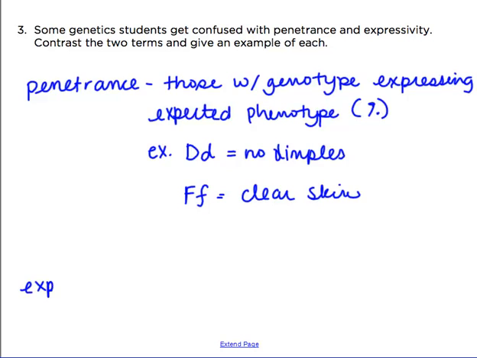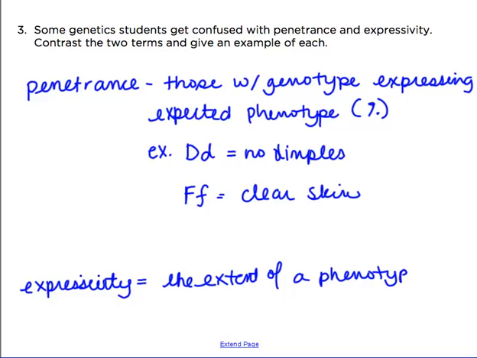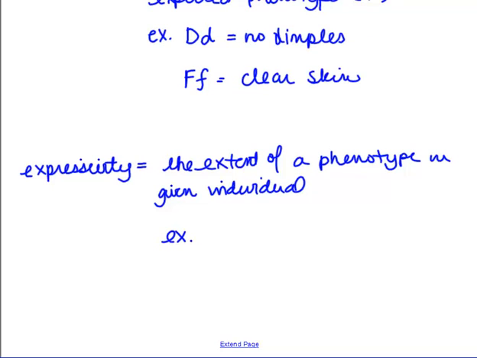In contrast, expressivity is actually the extent of a phenotype in a given individual. An example of this would be if somebody had brown eyes, they had the genotype big B, and they had light brown eyes, whereas their brother had big B and had dark brown eyes.